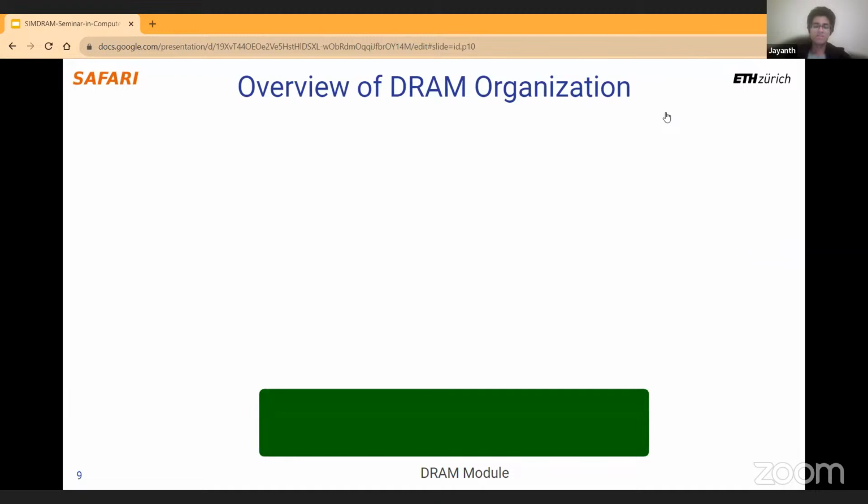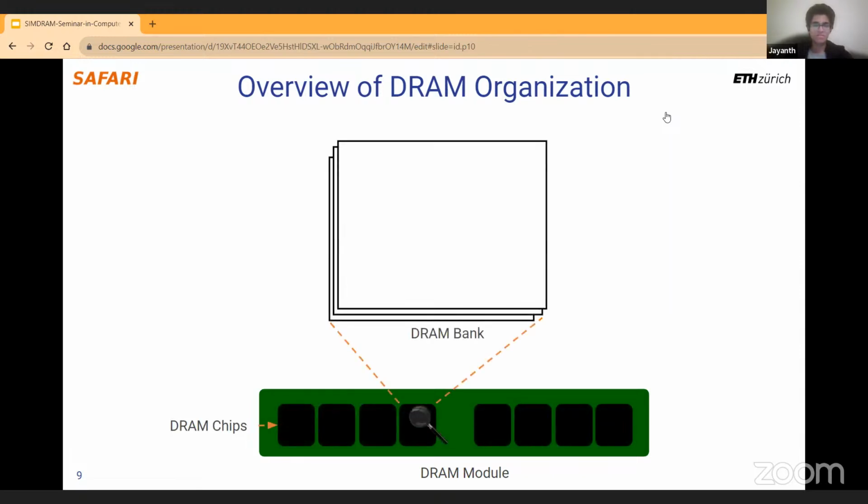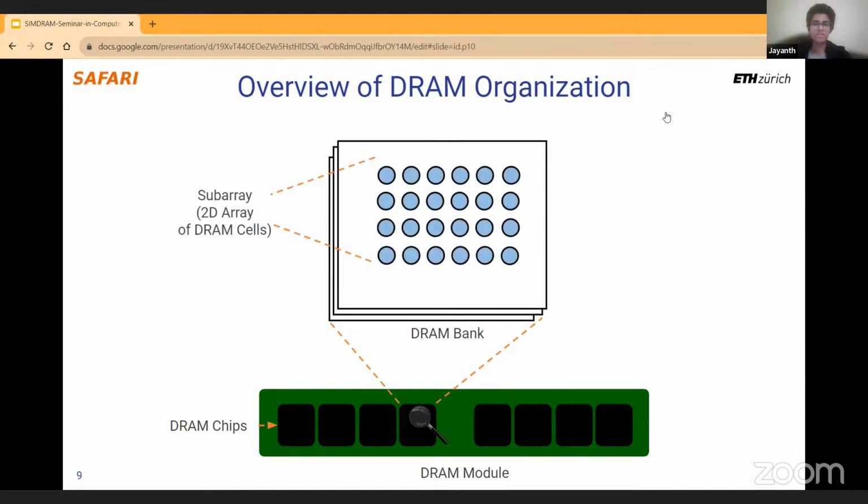So now coming to the much-needed background on how the main memory, or the DRAM itself, is organized. We have a DRAM module, or a DRAM DIMM. This consists of DRAM chips, and these chips consist of several DRAM banks, which are 2D arrays of DRAM cells.